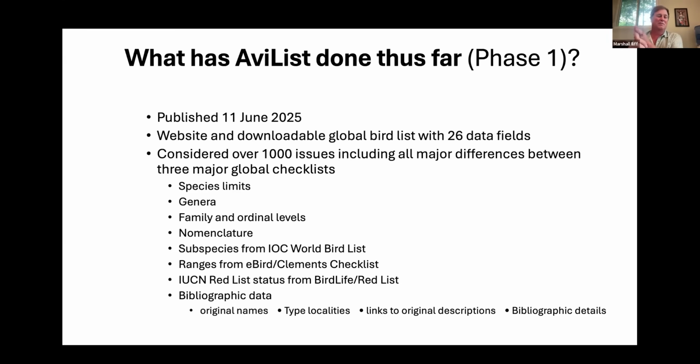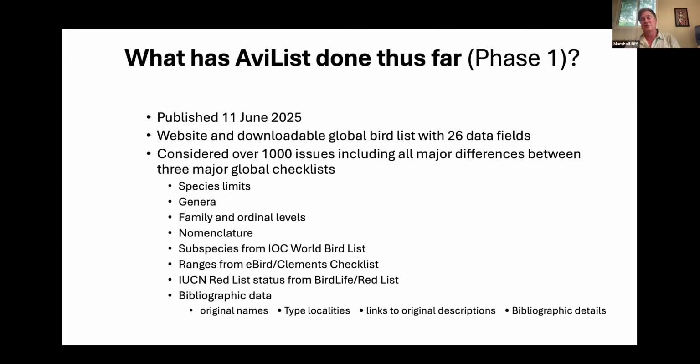And that has formally assessed all the species limits, all the genera, all the families and orders, the nomenclature, any cases where those have differed, those have been assessed. The subspecies have not been assessed. The subspecies baseline is from the IOC World Bird List. A phase 2 project will be to assess the subspecies.